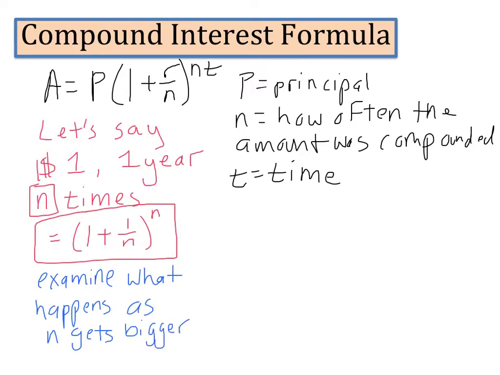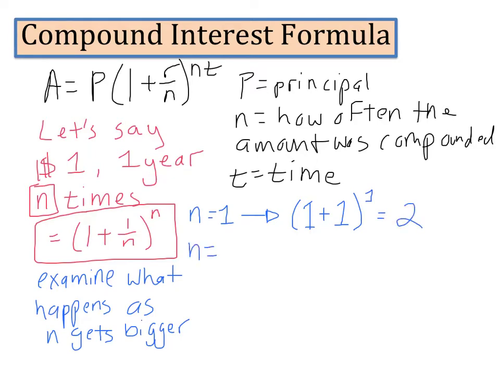Let's start with a small number. Let's say that n equals 1. So if n equals 1, this function becomes 1 plus 1 over 1, which is just 1, raised to the 1. So 1 plus 1 is 2, so this answer is 2.